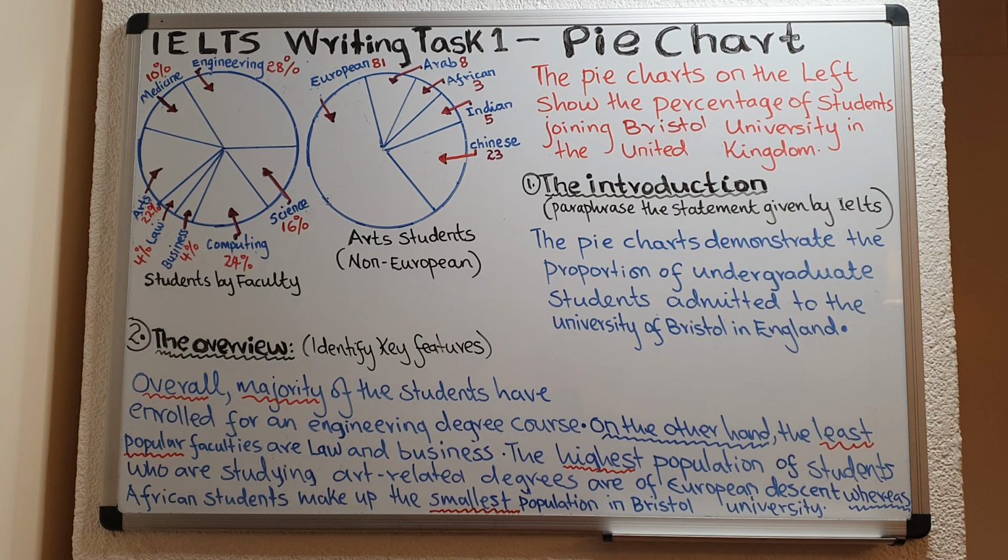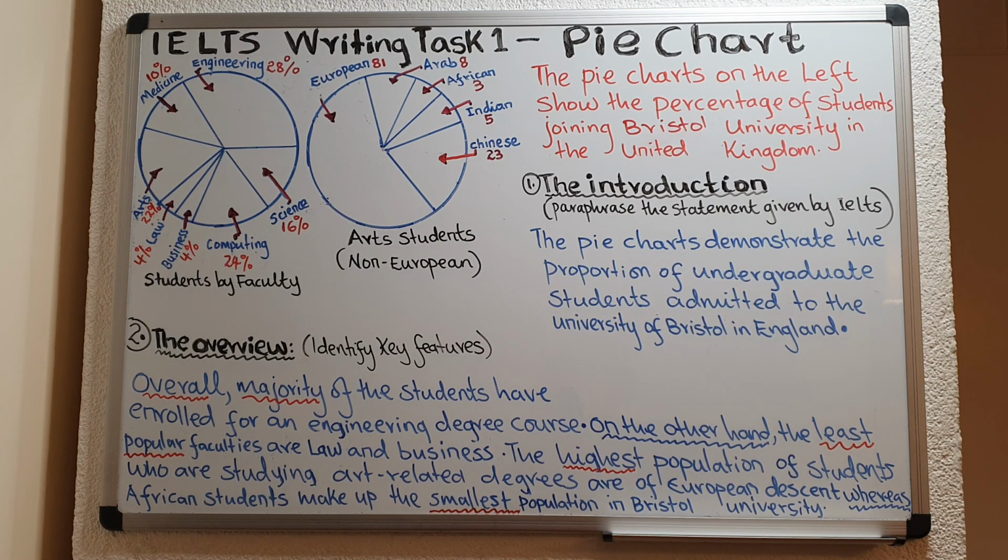So the pie charts, okay, show, so show, we are going to change that and we are going to replace show with demonstrate. The pie charts demonstrate. The percentage, we are going to replace that with the proportion, okay? The proportion of students, we are going to replace that with of undergraduate students.